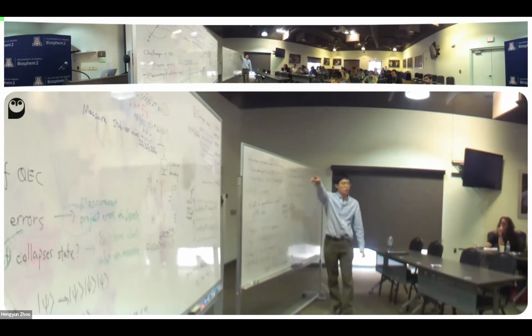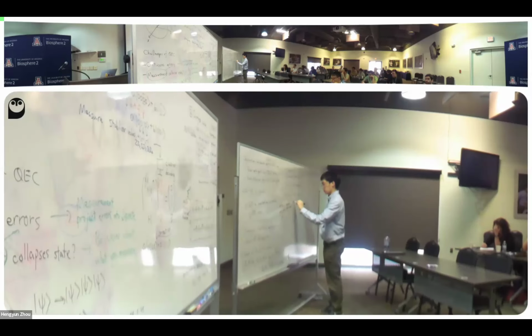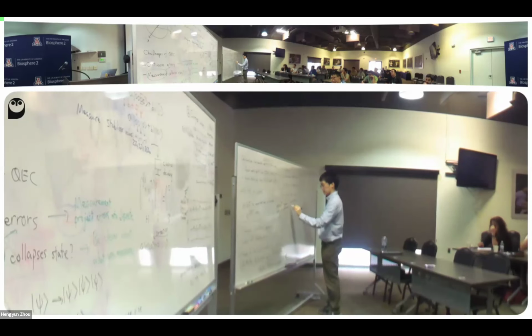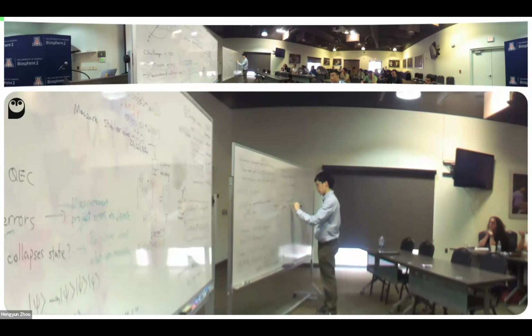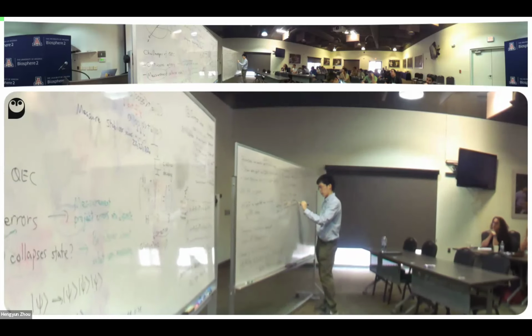So in this case, we just have one. And then D is what's called the code distance. So code distance, basically, this characterizes in some ways kind of the error correcting power.